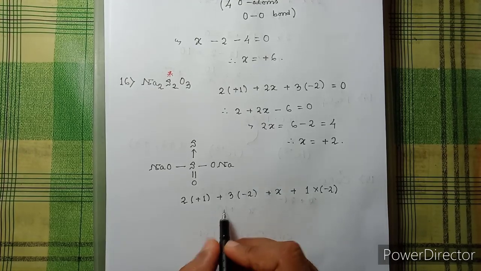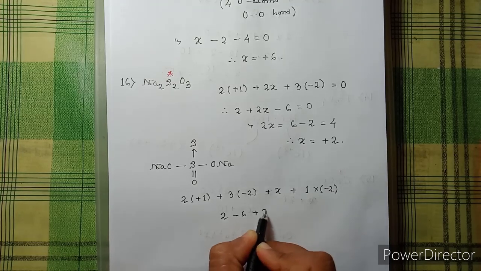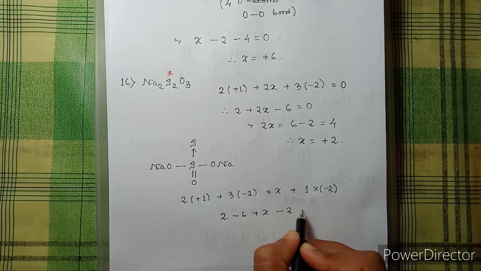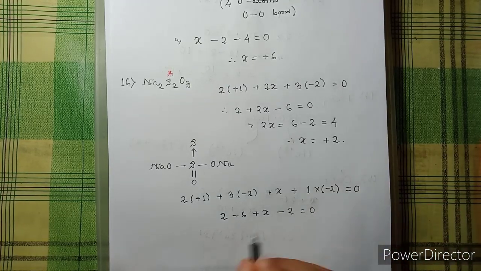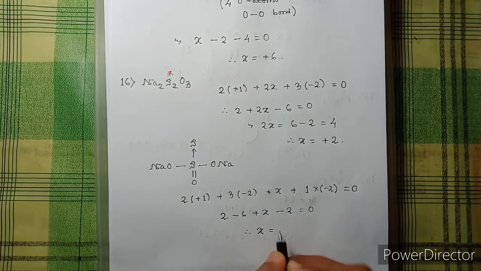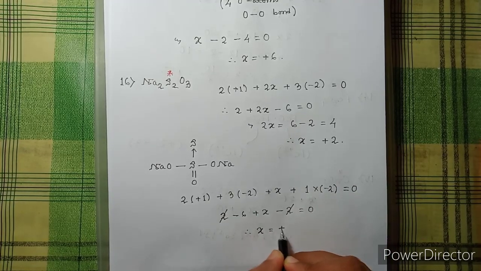So 2 minus 6 plus x minus 2 equals 0. Sorry, I missed it, this equals 0. Therefore x equals, with the 2 minus 2 gone, plus 6.